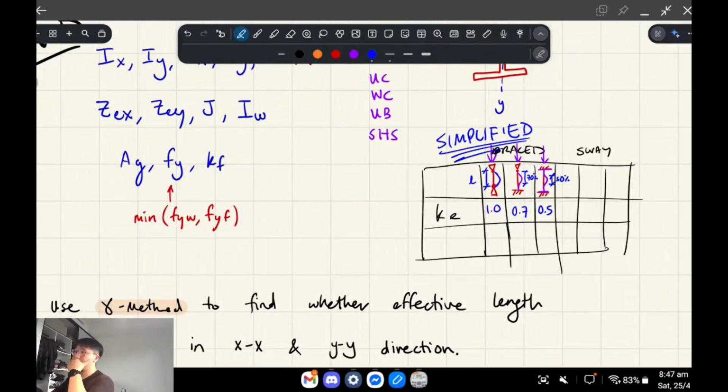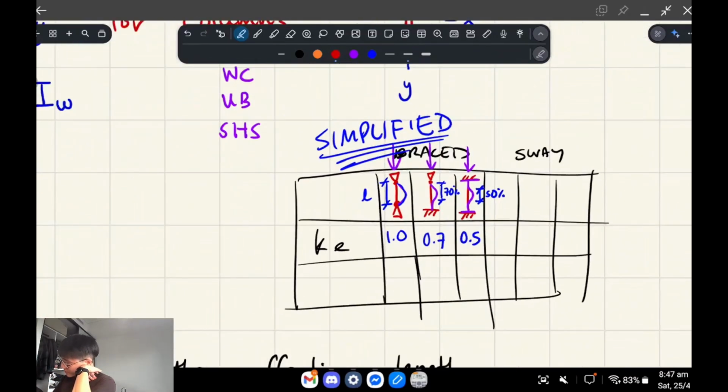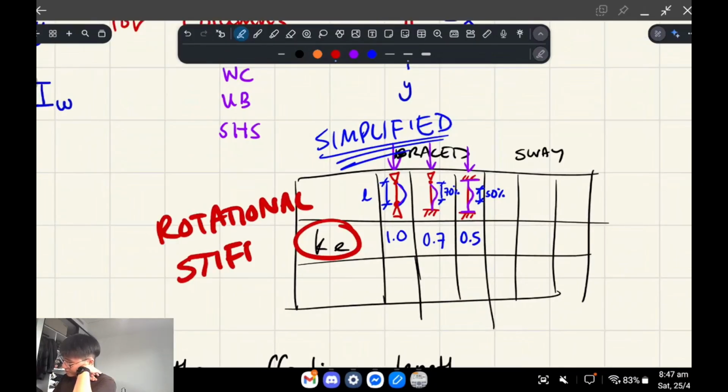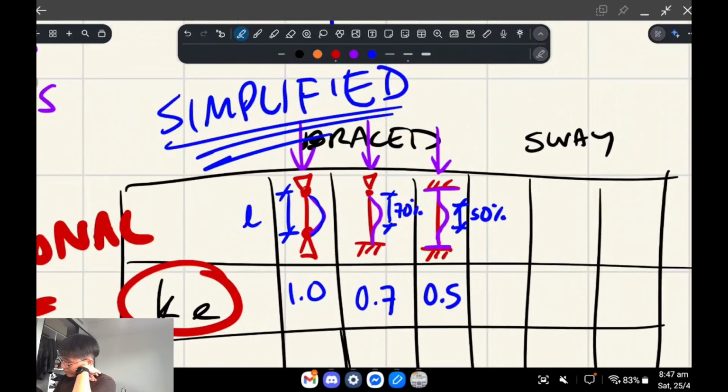Now with the gamma method, you're basically trying to, effectively this is to do with rotational stiffness. So the idea is how much are these joints actually rotating in real life, and therefore how long will the effective length be?